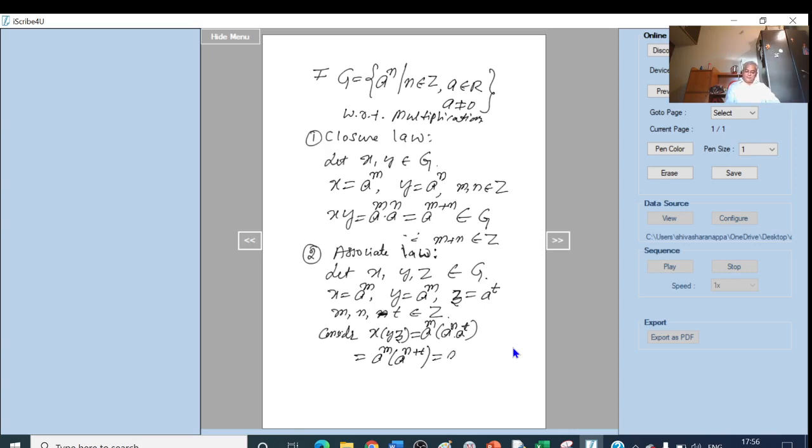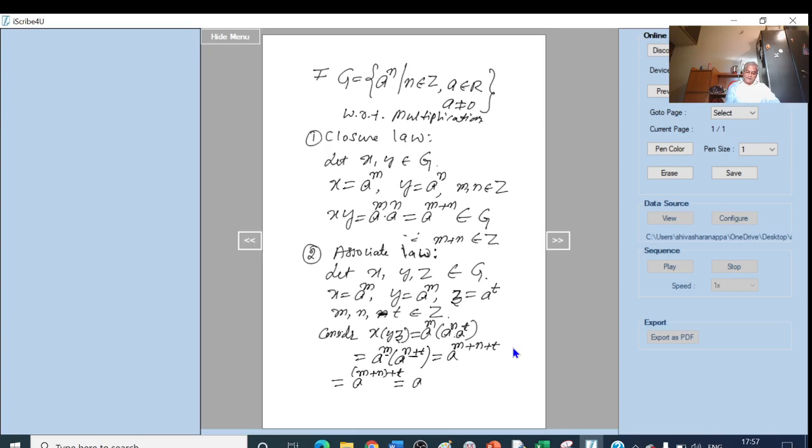Again this is equal to a to the power of m plus n plus t, because m, n and t are integers and with respect to addition the associative law holds.